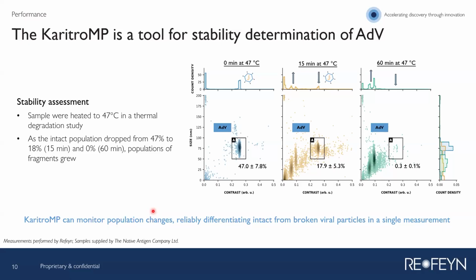So again, KaritroMP has shown that it can monitor population changes, differentiating your intact population from broken down capsids, all in a single measurement within minutes.